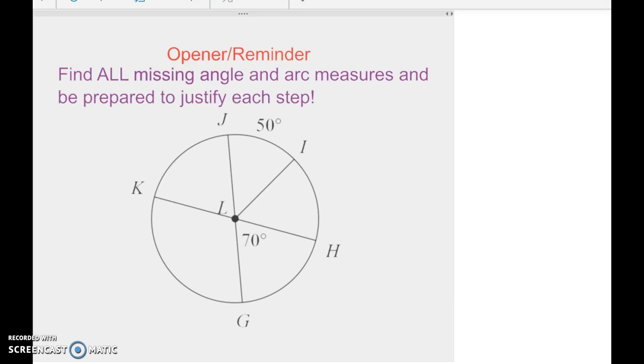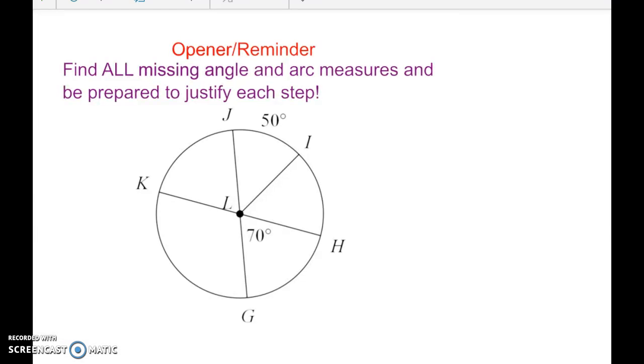Anyway, so fill in all missing angles. Notice that all of the angles in this shape are central angles. Their vertex is in the middle. So if their vertex is in the middle, right here at L, that means that the measure of the arc equals the measure of the angle.